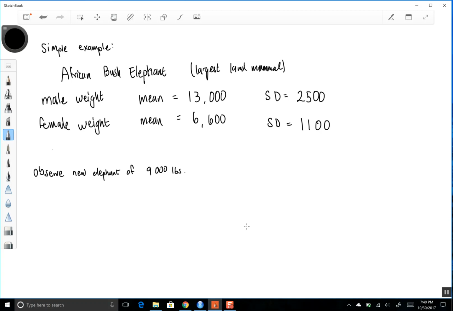So let's just say female elephants are more common in our data, and we'll say it's going to be 70% female and 30% male.